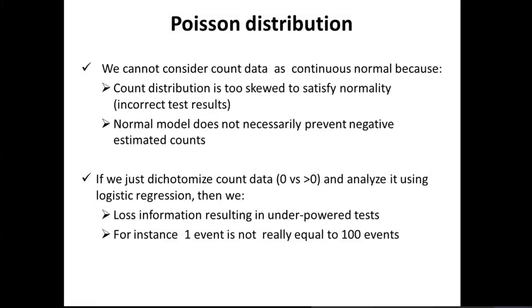And don't dichotomize to use logistic regression or any categorical data analysis because you are losing information. It's not fair to treat the one who has a CD4 count of 499 and 0 CD4 count the same. So rather use the appropriate model called Poisson distribution, or models that use Poisson distribution, maybe Poisson regression, for example.